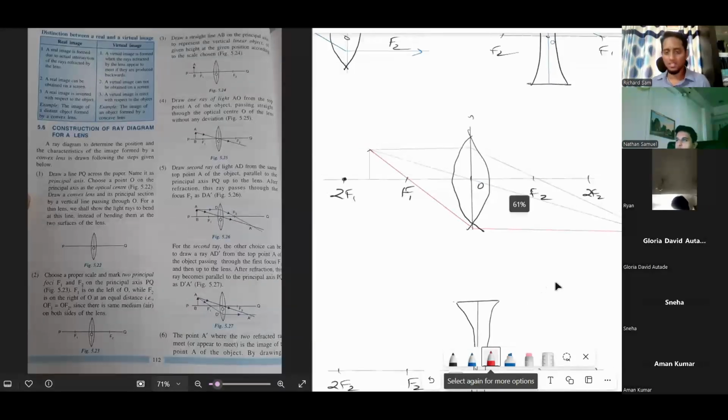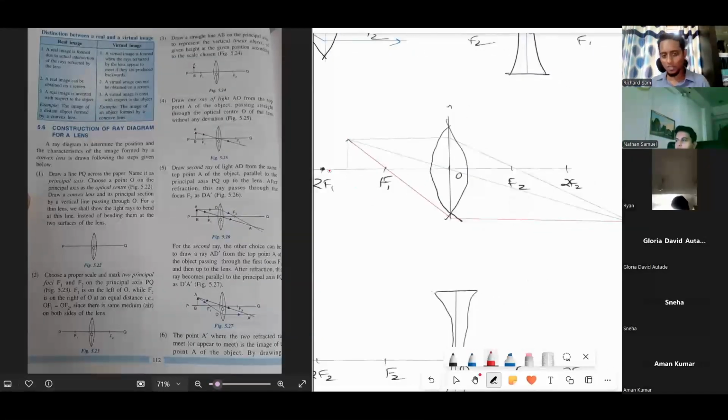If it doesn't meet there, that means you have done something wrong in the spacing between these 5 points, or this line here is not perpendicular to the principal axis. So just make sure that all your lines are parallel and perpendicular, however it's supposed to be. Is that clear, everyone, how to draw ray diagrams? Any doubt?